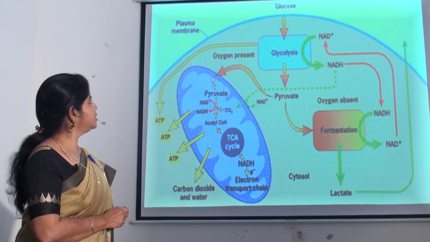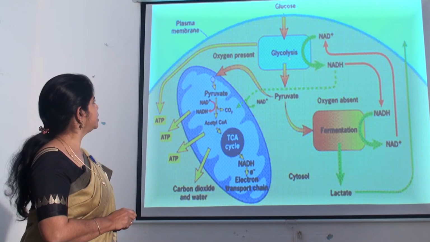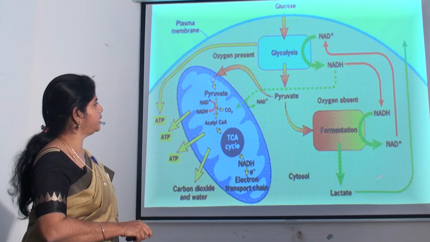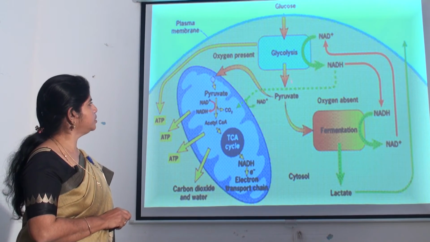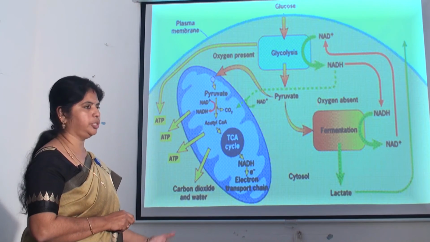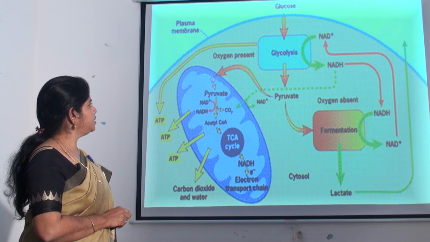And this cycle shows in a clear image that the glucose enters glycolysis. This is the plasma membrane of the cell, and here the mitochondria is present, and the glucose outside the mitochondria in the cytosol or cytoplasm is converted into pyruvate.